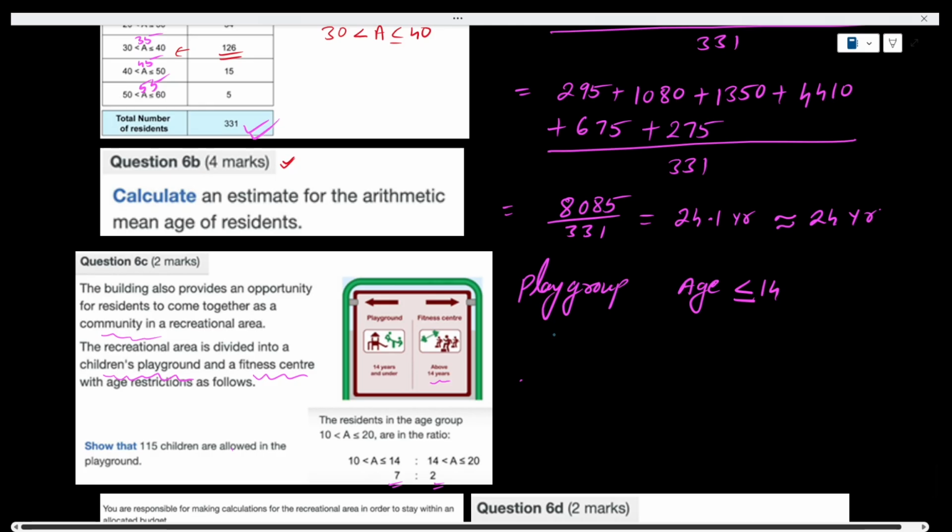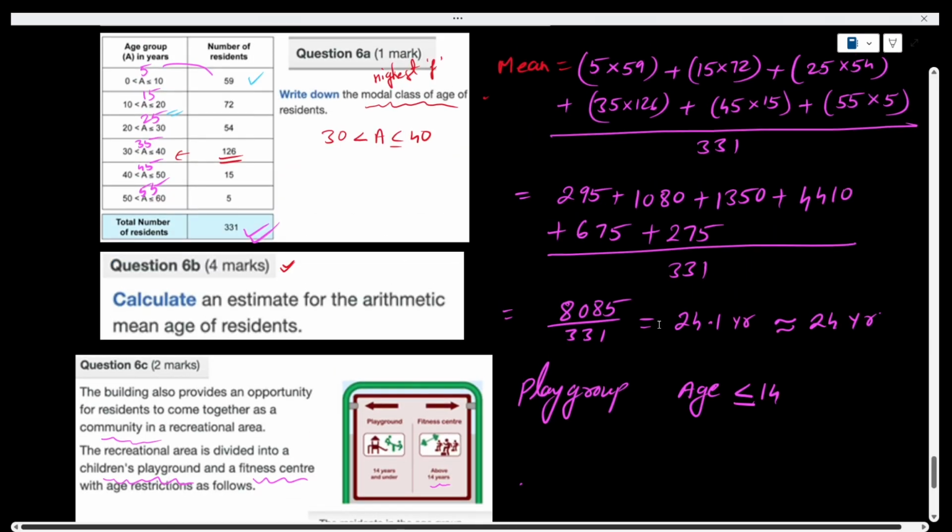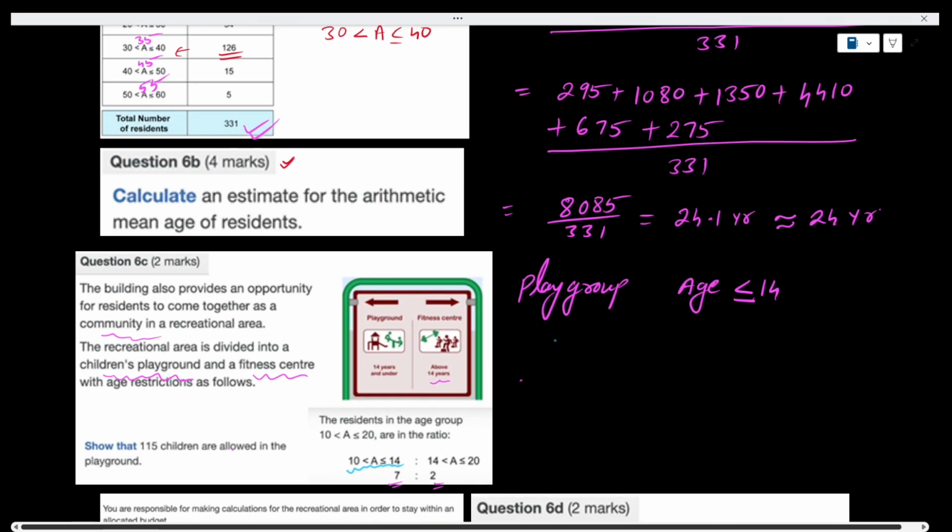So here you will first get how many residents are between age 0 to 10 and 10 to 14. The total frequency for 10 to 20 was given as 72. So you can get the 10 to 14 years old children as 7 out of 9 parts, because 7 plus 2 is 9 parts, of 72.